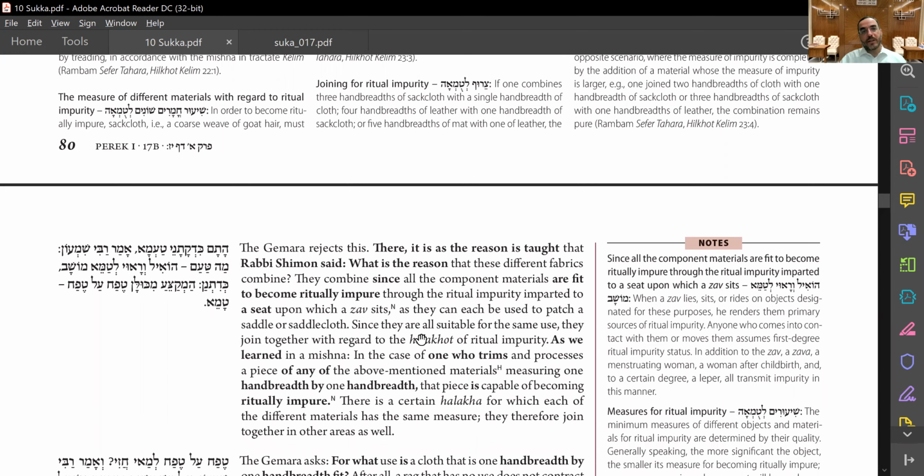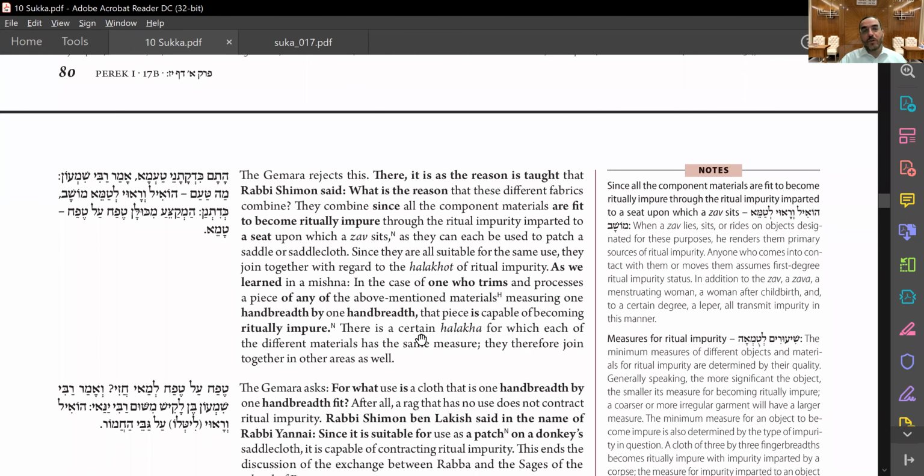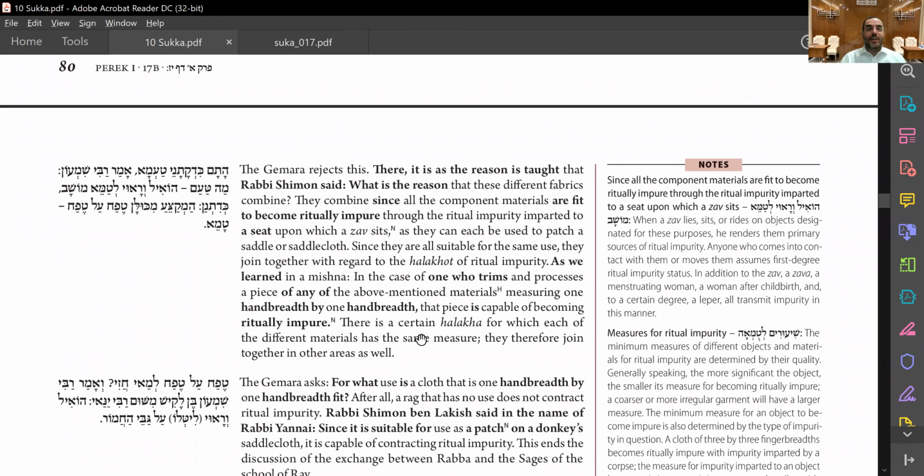So we answer, Hatam kedekatane ta'ama, amar Rabbi Shimon, ma ta'am ho'il v'ra'ui l'tameh, moshav keditnan, ham kaseya mikolan tefach ha-tefach tameh. Oh, the reason why it joins together there is because there is another halacha for which the shiur is the same. And that is the tumat midras, the tumat of a zav sitting on it. If it's made into a cushion and a zav sits on it, then even 3 by 3 will become tameh for all of them, right?